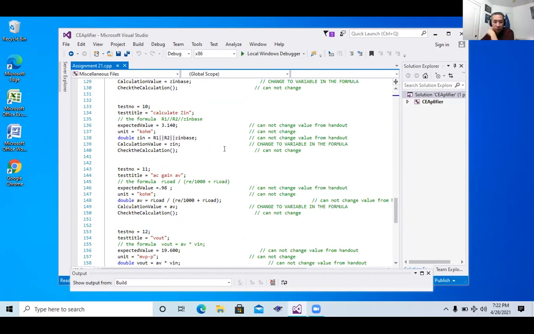So this is three resistors in parallel. That means Zn is equal to 1 divided by the quantity 1 over R1 plus 1 over R2 plus 1 over Zn base. Okay, wait, say that again. You want to write it on a sheet of paper first.